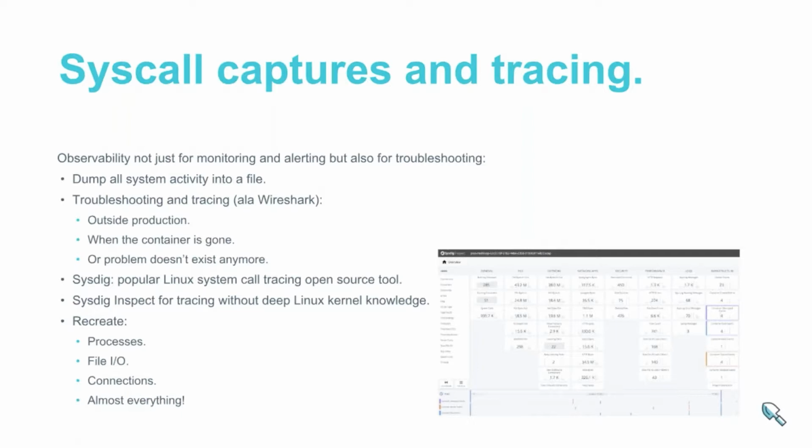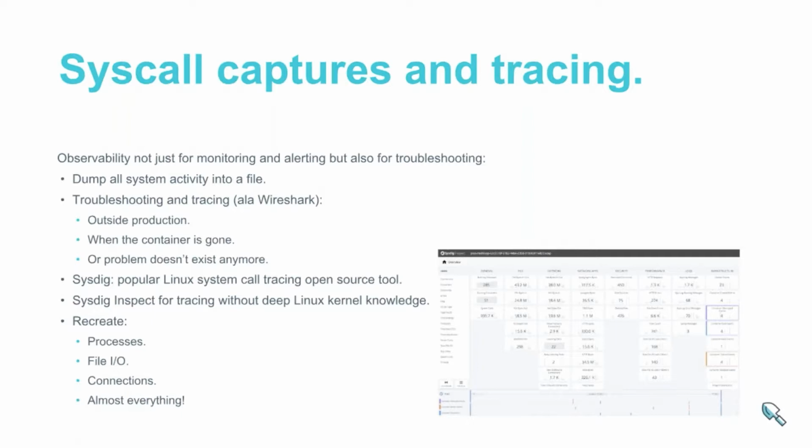We can see that on the metrics graphs, but we don't have more information. Metrics are not enough to troubleshoot that issue. Or if we are having problems reproducing that issue anymore, having captured all the system activity into a file provides a lot of powerful information to do that troubleshooting.